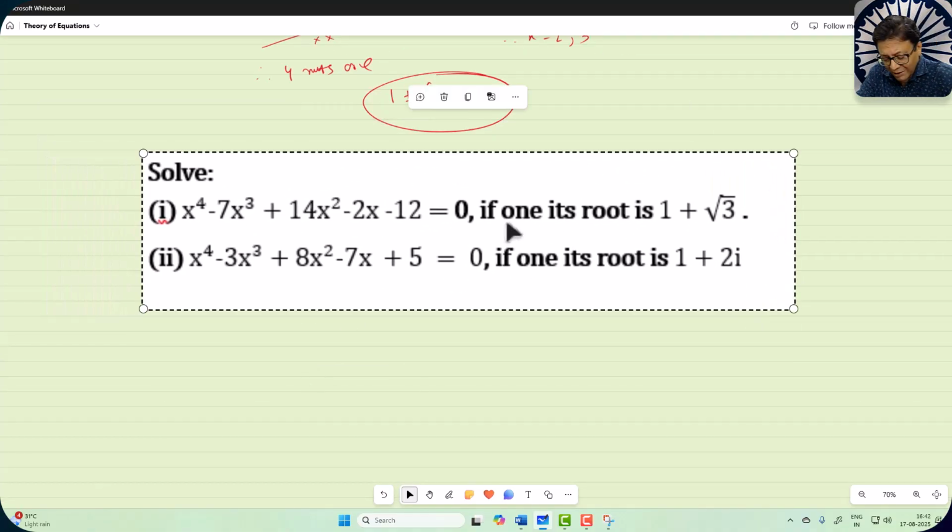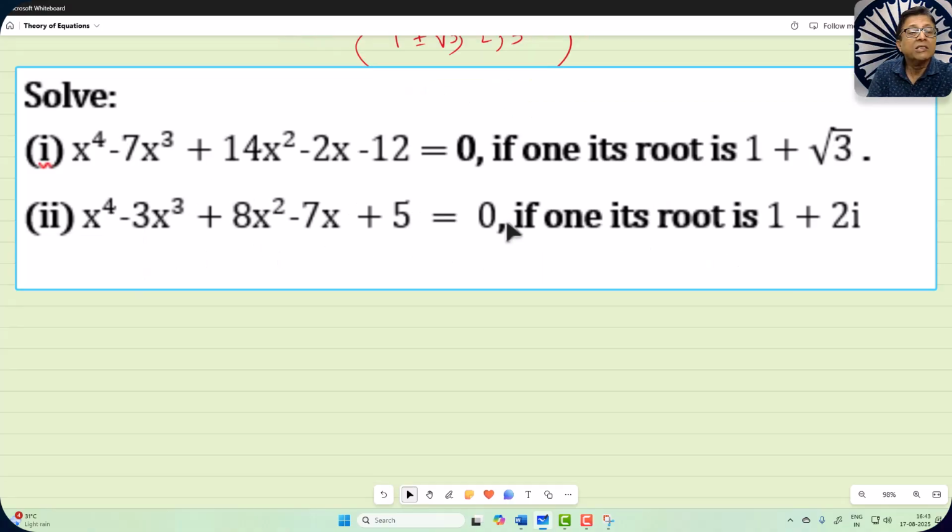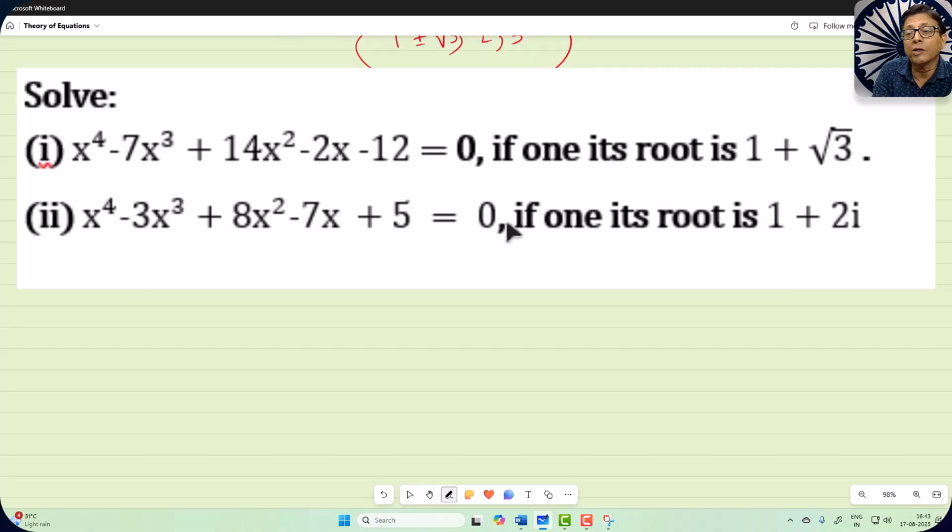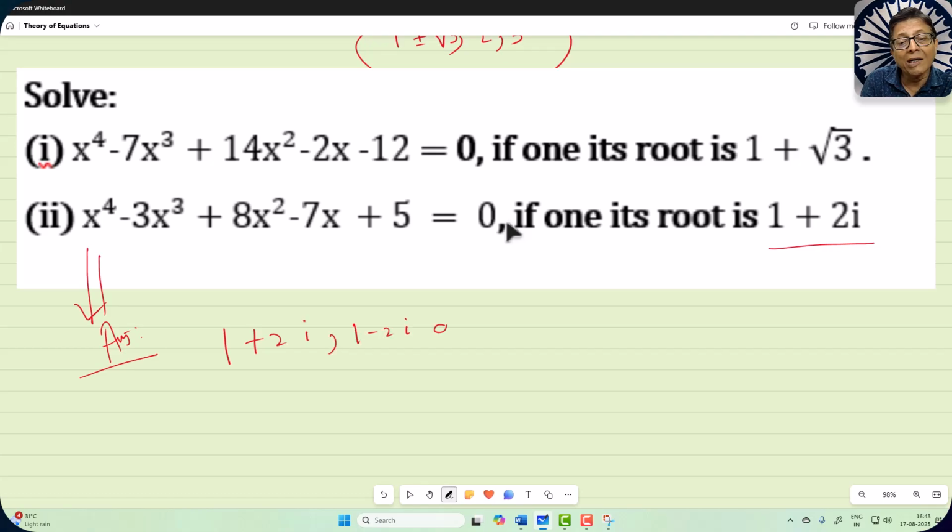This is given another 4th degree polynomial, with one root 1 plus 2i. So for this one, 1 plus 2i and 1 minus 2i are the roots.